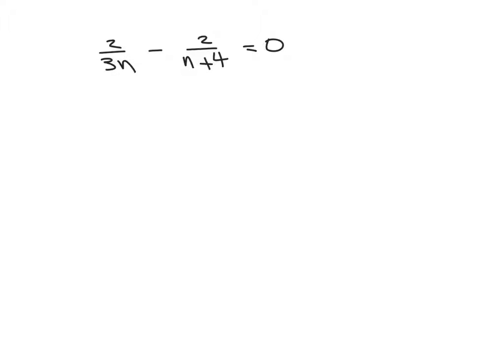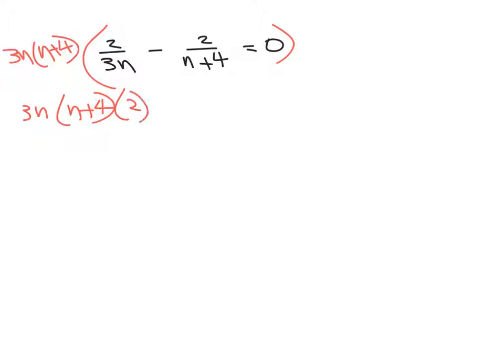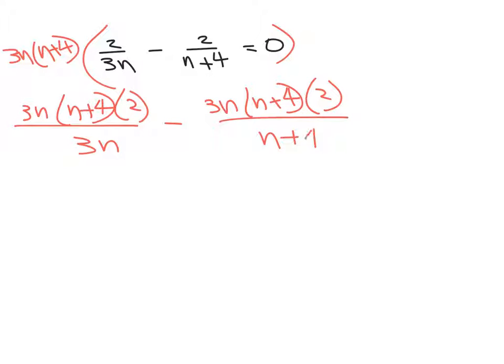Alright, so again, we look and see what is in the denominator and put it out here. Okay, so the next step again is just rewrite all of it distributed by first term, 2 over 3n, and the second term, 2 over n plus 4 equals 0.